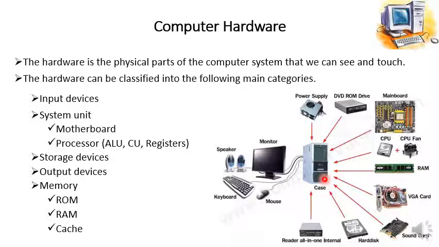Inside this rectangular box that we call the system unit, we have the power supply, DVD-ROM, and the motherboard, which is the main component inside the system unit. All the other components inside the system unit are connected with the motherboard: the CPU, the central processing unit, the microprocessor chip, and the CPU fan, which is also called heat sink, RAM, VGA card, sound card, hard disk.